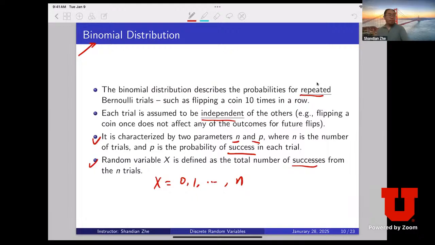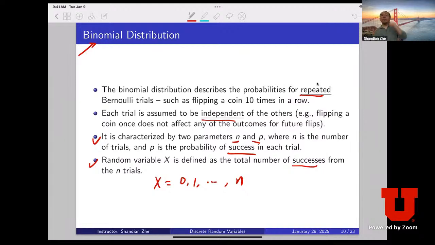Yeah. So your answer is absolutely correct. Let me just explain, right? So first, the total number of successes, you can see 0, right? Imagine it might be possible that you have such bad luck, right? You toss the coin for 10 times, you never see heads up, right? But your X cannot be below 0, right? Because you cannot see -1 success. But the number of successes cannot exceed n, right?